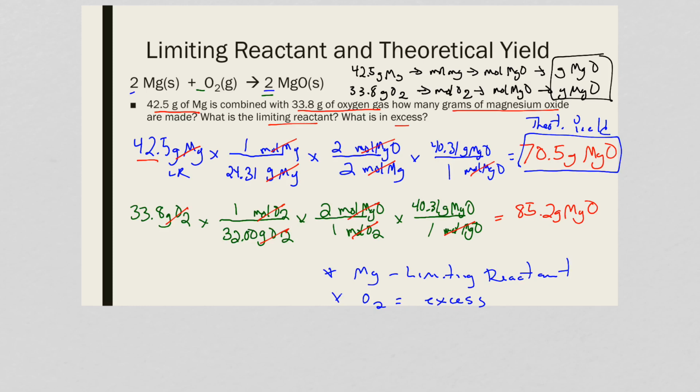And so when we do an actual experiment and get an experimental yield, it is always less than the theoretical yield. And so we can calculate what's called a percent yield by comparing what would be our actual yield we get in the experiment with what mathematically we could get, which is our theoretical yield.